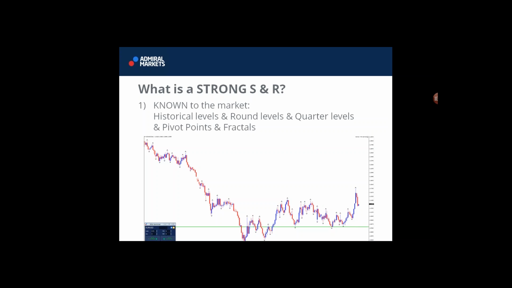Pivot points, almost like that. Pivot points do vary, and sometimes are a bit different, but the differences, on average, are not that big. I would still classify it as a level, roughly speaking, that is known to the market. Fractals, not as clear as round levels either, but also here, in many cases, they are the same.